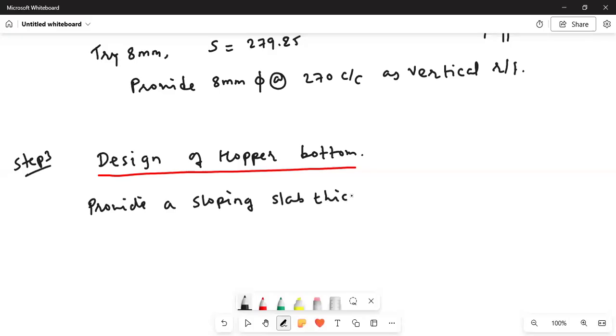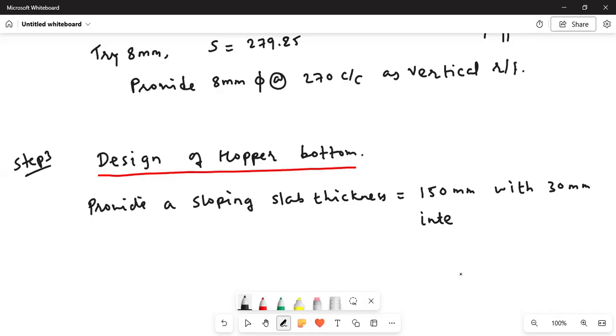thickness equal to 150 mm, with 30 mm internal lining. In case of pipes, circular sections, cylindrical sections, you provide some lining of concrete material, or any material for that matter, and that lining has some thickness.